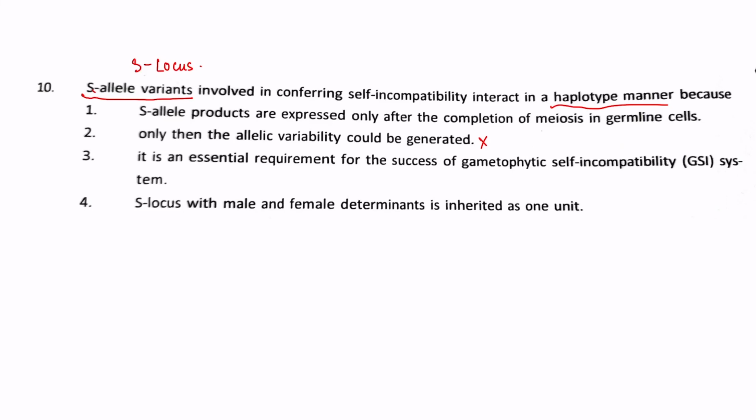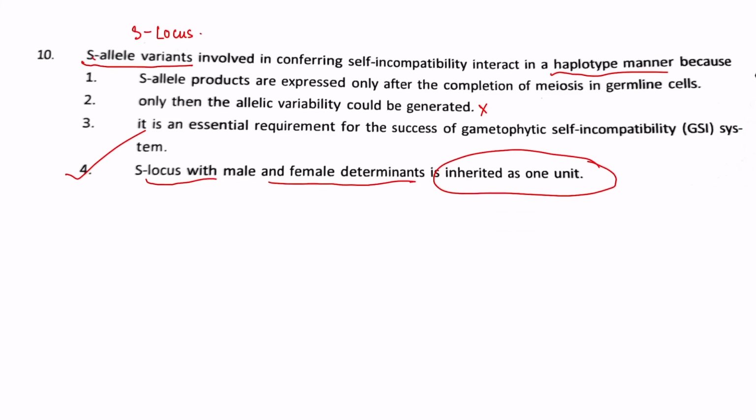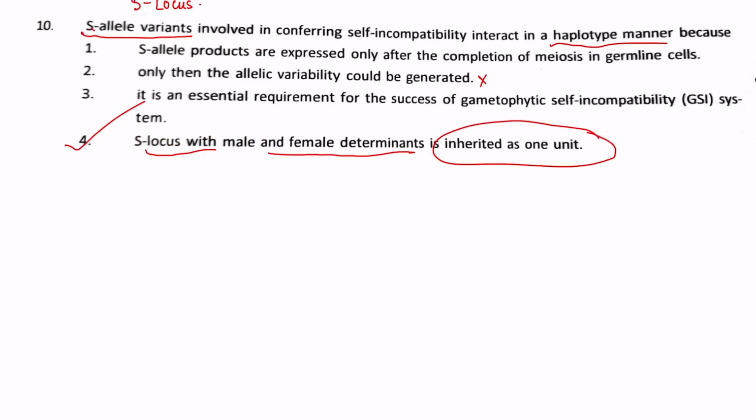It is important for GSI, but it is not the reason behind the haplotype manner. Last option is S locus with male and female determinants is inherited together as one unit. This is our answer. That is why S alleles interact in a haplotype manner. The answer is given in the question itself. We just have to know the definition properly.